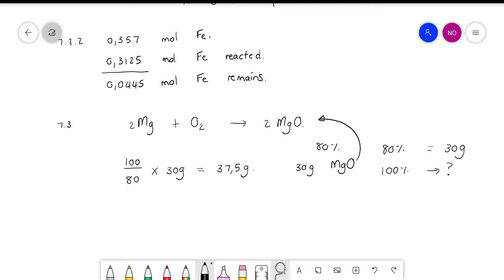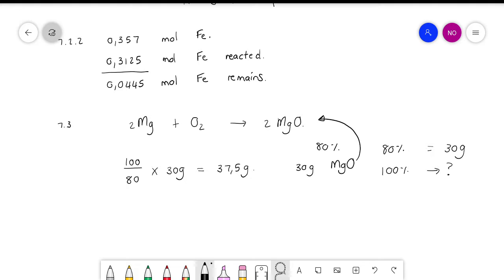Okay, met ander woorde, as hierdie ding 100% yield gehad het, 100% opbrengs gehad het, sou hy 37,5 gram van die magnesium oksied gemaak het. But it's only working at a 80% yield, so then it will only deliver 30 grams. En daai is nou die massa waarmee jy gaan werk. Okay, so that's the mass that you are working towards, because that is the 100% yield mass that you can get, but because it's only working at 80%, you're going to end up with 30 grams then.